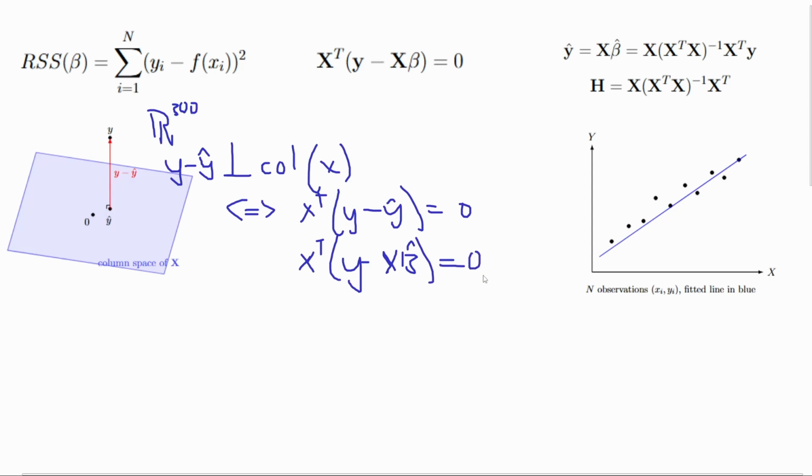Now, wait a second, this is exactly the equation we saw earlier from doing our calculus and minimizing the residual sum of squares. So from the geometry, the normal equations directly fall out, and that gives us the hat matrix. You can think of the hat matrix as a projection matrix onto this column space of X.